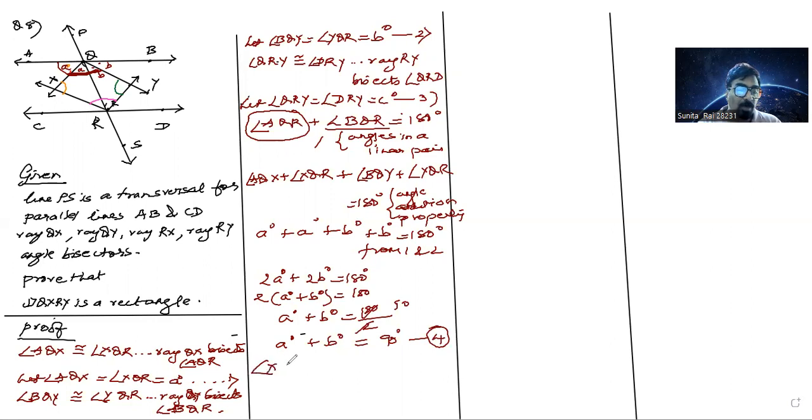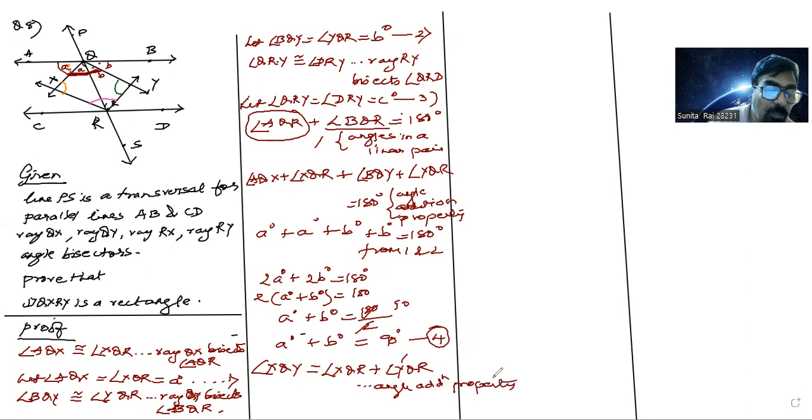Angle XQY is equal to angle XQR plus angle YQR. Now, naturally, the reason is the angle addition property.